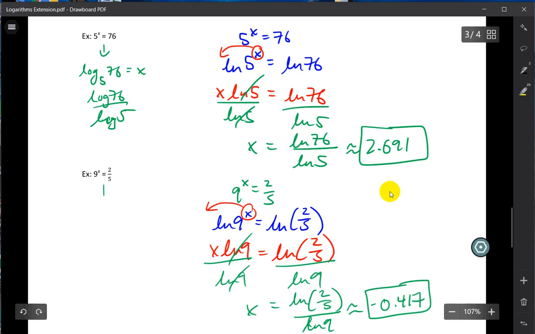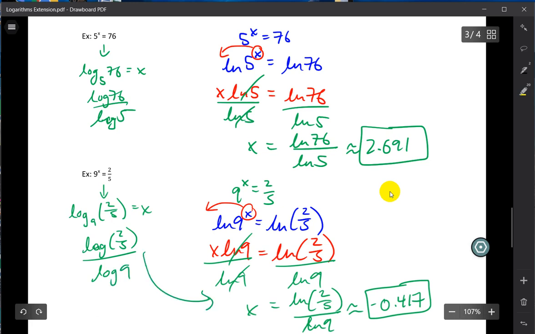And again, if you just prefer using common logarithms, that's fine. You can do it that way too. It's all a matter of preference. Whatever you decide is more comfortable for you, just stick with that method. So if we change the base, this is just log of 2/5 divided by log 9. And basically you're going to get the same result if we calculate it that way as well.